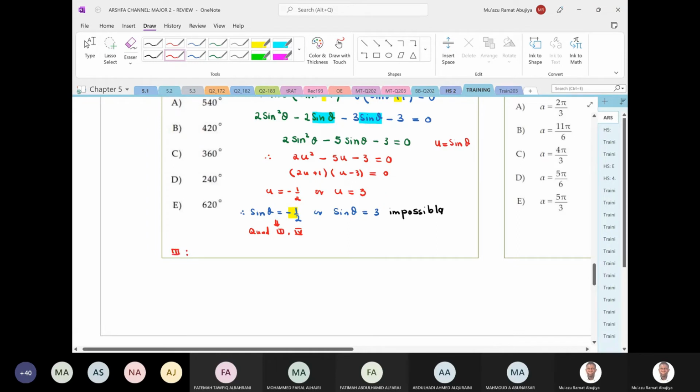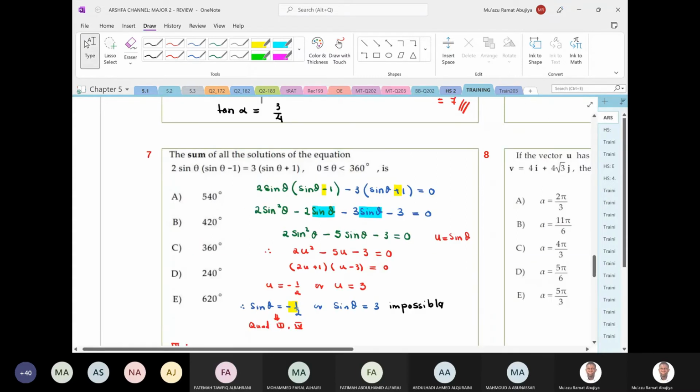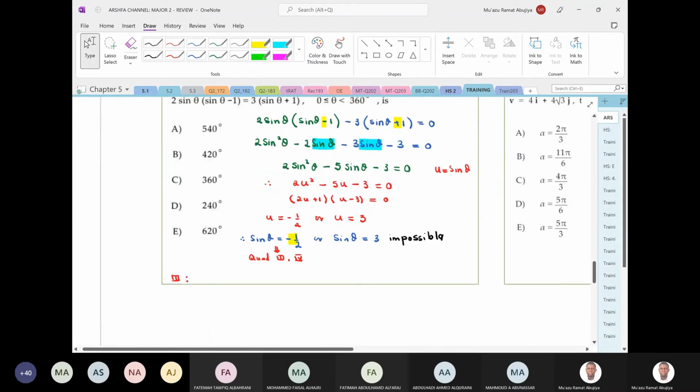In quadrant number 3, which famous angle is going to give us sine to be equal to a half? That should be 30 degrees, right? Which is going to be pi over 6. So because the interval is in degree, we are going to write our answer in degree.